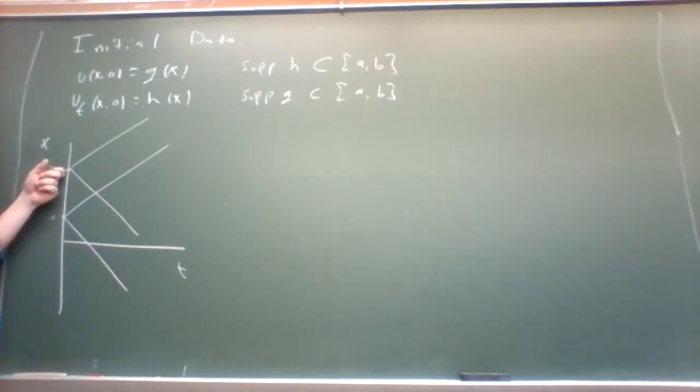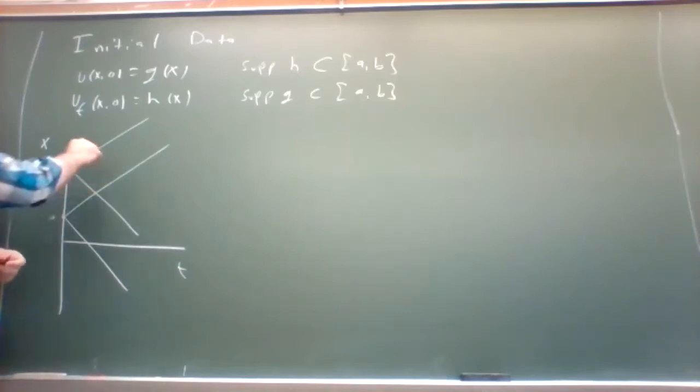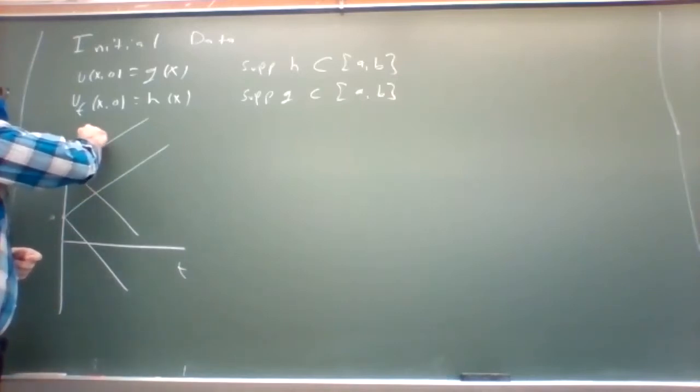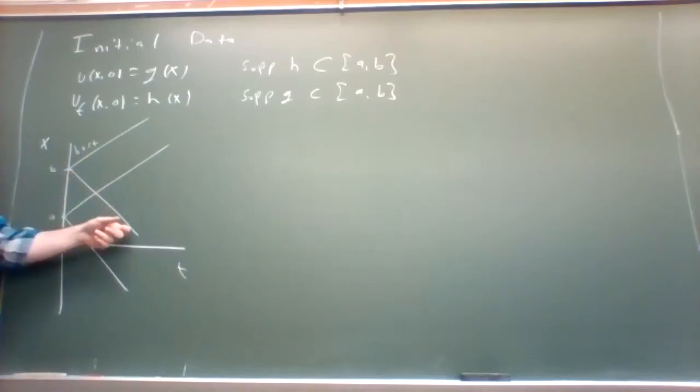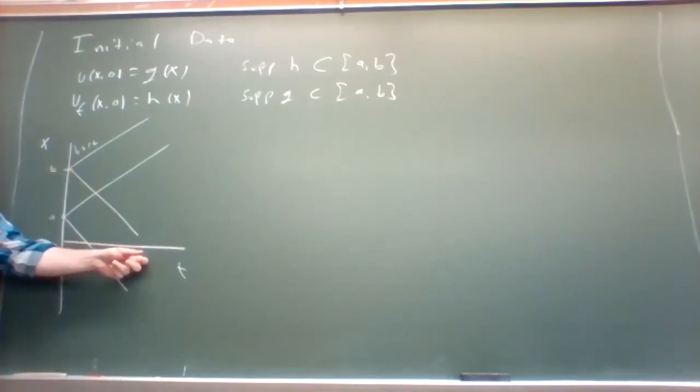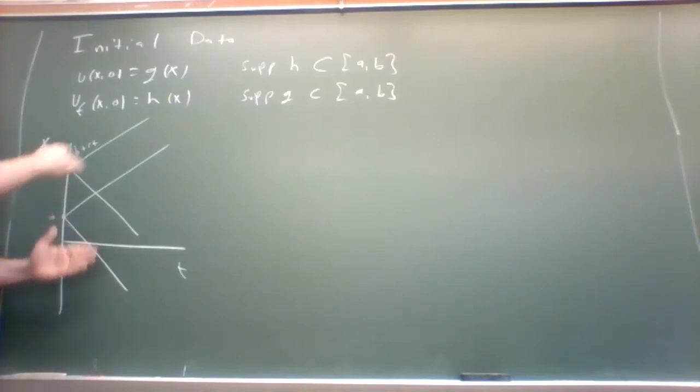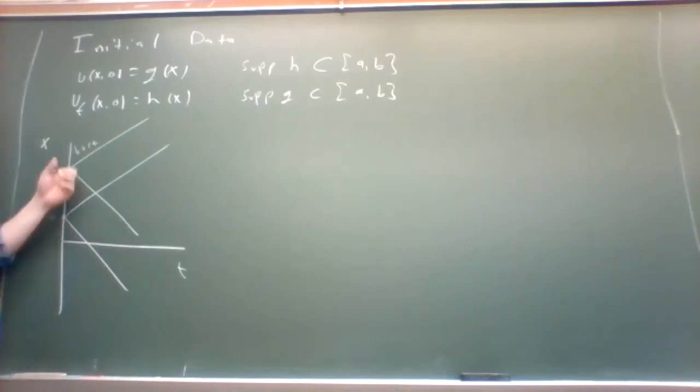Where these are the lines b plus ct and a plus ct, and correspondingly b minus ct, a minus ct. So in the space-time diagram, with time being graphed, it looks like these 45-degree angles. I'm drawing it with c equals 1, even though c could be something else.